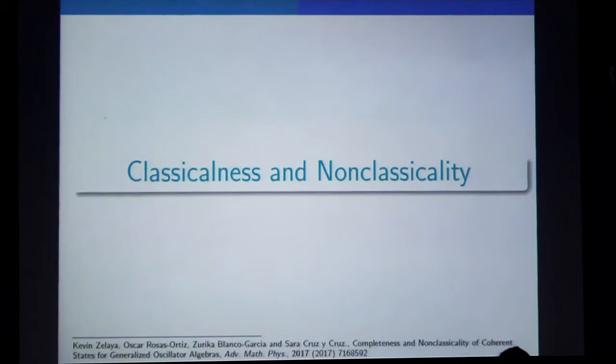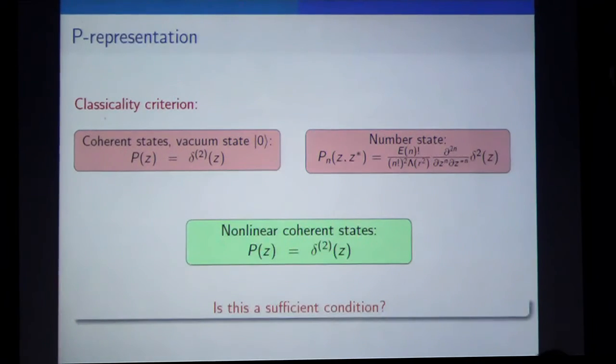But now we are interested in whether these states are classical or not classical. For this, we have a classicality criterion to analyze these states: the P representation. If the P representation is similar to the delta distribution, as the coherent states and the vacuum state do, this means that these states are classical.